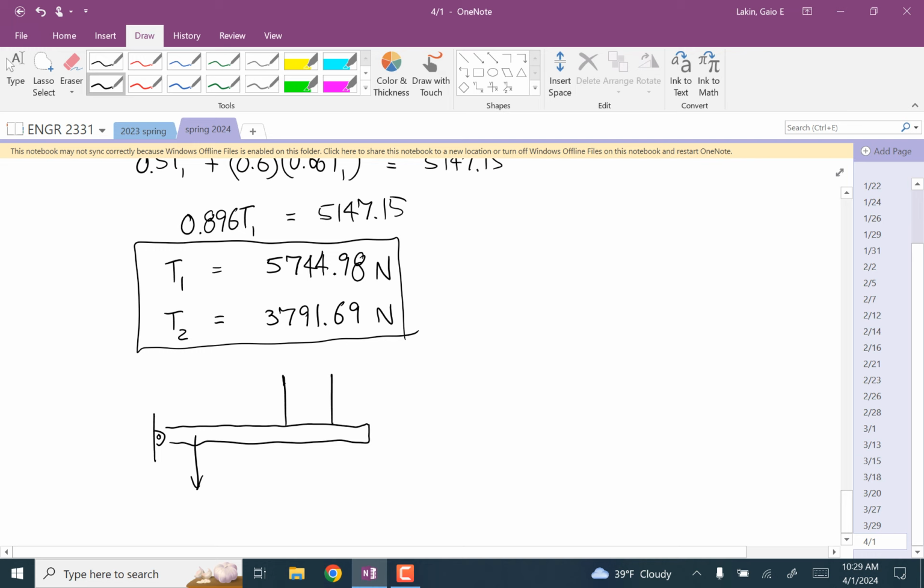The relationships between those two tensions or the deformed length of those two cables would still be the same. So the one on the outside would still deform. Yeah, the one on the outside still deforms more because this applied force, even though it has a smaller moment arm, its effect is still just making that triangle appear, and you're still just dealing with the similar triangles.